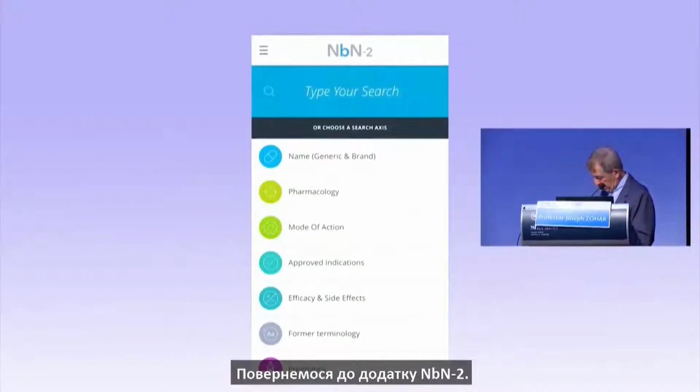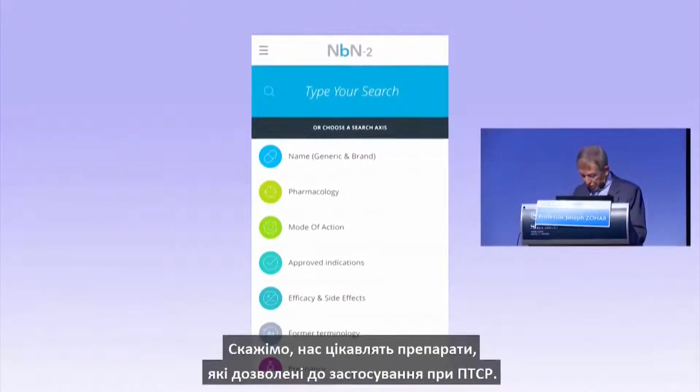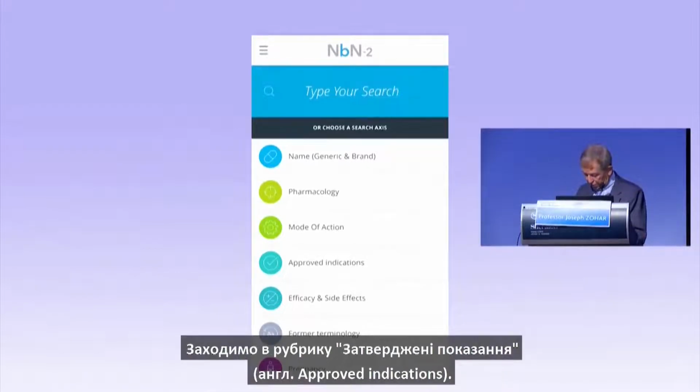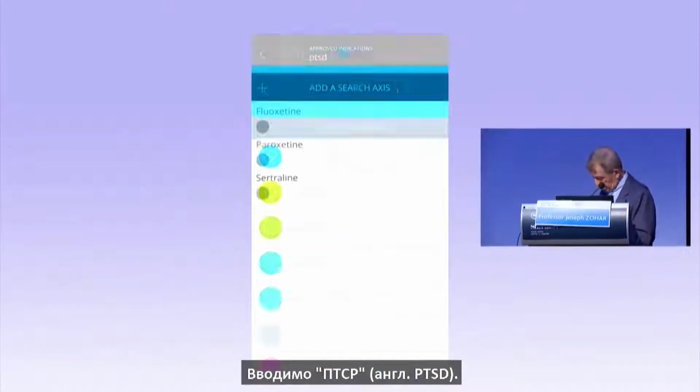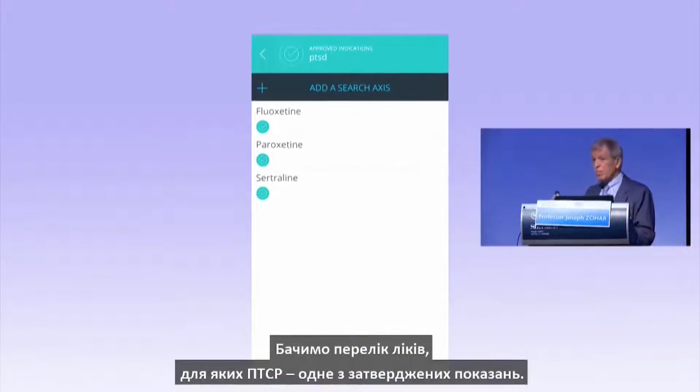So this is one thing, and we can now move back to NbN2 and do another search. Let's say we'd like to see what medication is approved for PTSD. So again, you push on approved indication, and then you type PTSD, and you see the medication that is approved for PTSD.